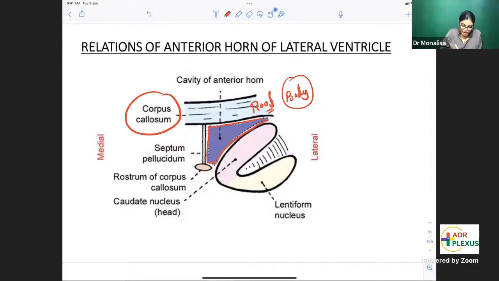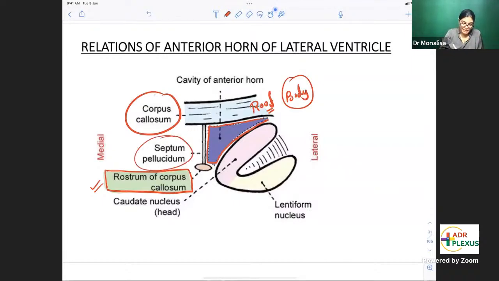The floor of the anterior horn is related by the rostrum and not the genu. If you see this diagram, you can definitely appreciate that the rostrum of the corpus callosum lies in the inferior relation, or floor, of the anterior horn of the lateral ventricle. It is not the genu.